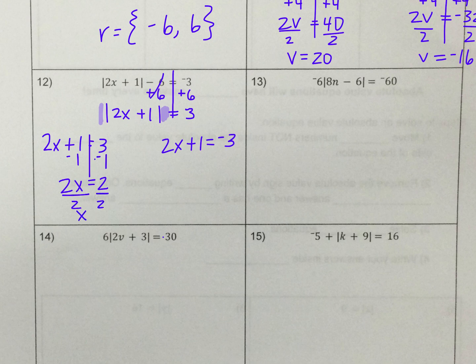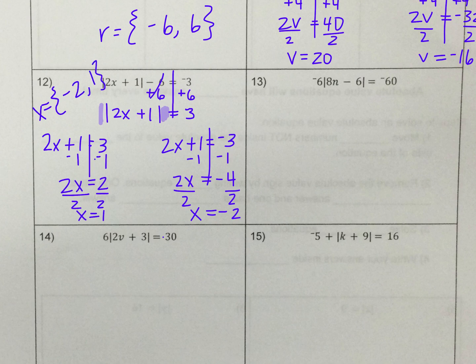Divide by 2. X equals 1. Going to do the same thing on this side. 2x equals negative 4. Divide by 2. X equals negative 2. So x equals squiggle negative 2, 1. Close my squiggles.